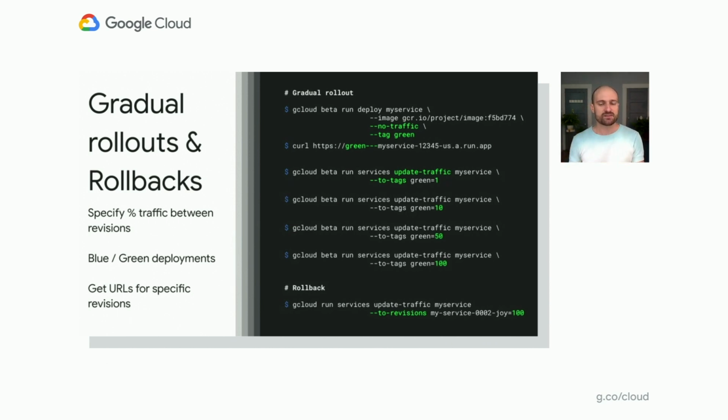I update the traffic, but this time to a specific revision name, and I send 100% of the traffic to it, which means I'm going to roll back to that revision. So hopefully that can help you more safely release your container and your software by giving you more control and allow you to split traffic between revisions.